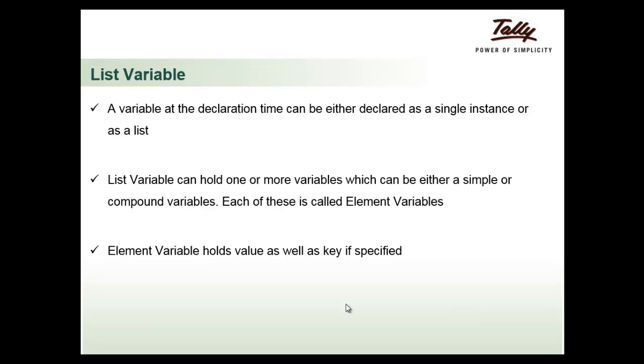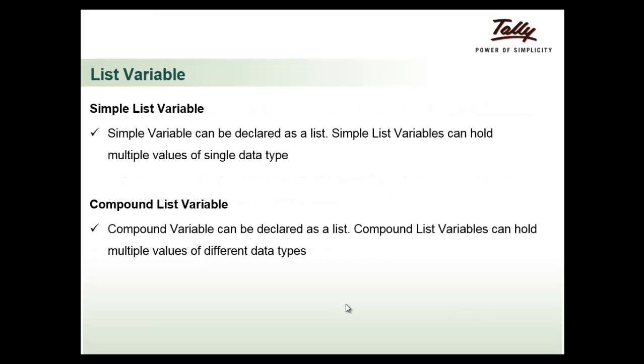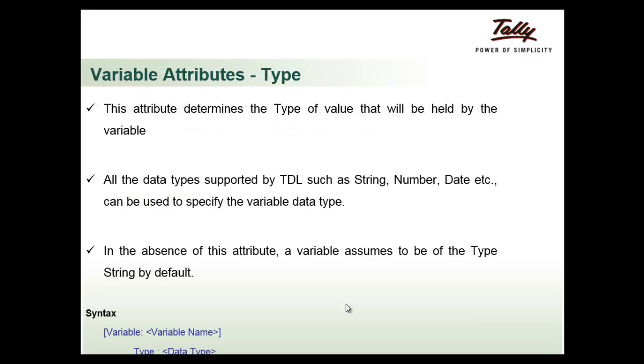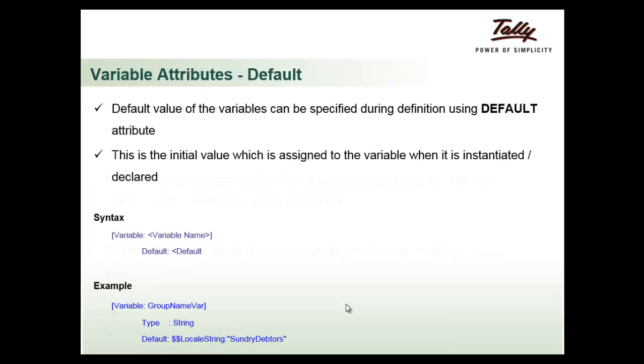If those values are of a single data type, then they are simple list variables. If they are of multiple data types, then they are compound list variables. Then we went to variable definition and attributes. Attributes are given in the variable definition as attribute value pairs. First we went to the type attribute, where you specify the data type of the value that will be stored in that variable, and then the default attribute helps to give an initial value to the variable.